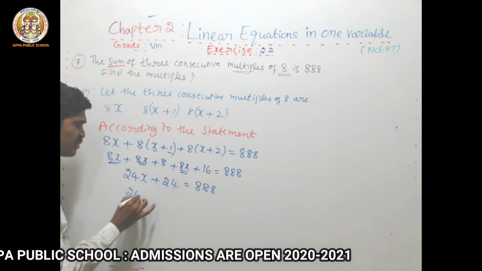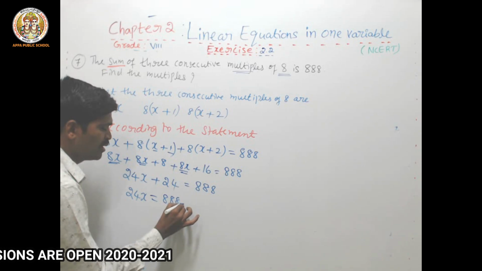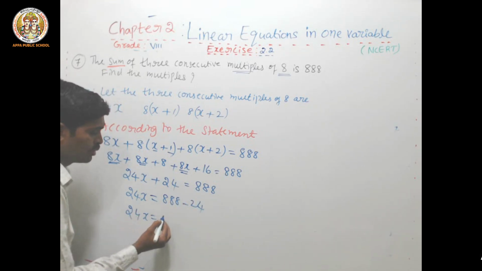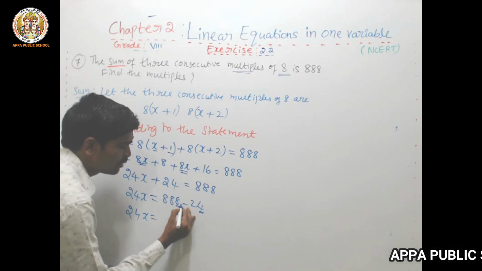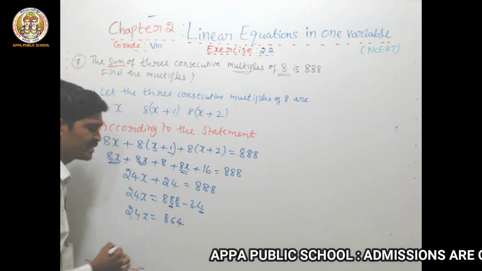Variable term keep as it is, my dear students, 24x is equal to 888 minus 24. Here 24x is equal to 864.